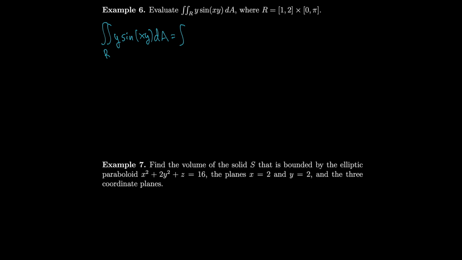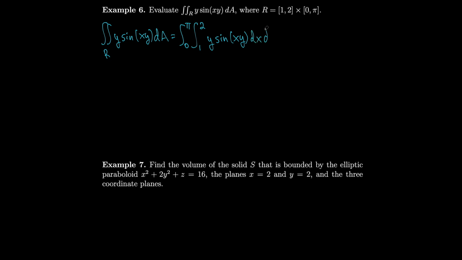But if I do x first, then this is a constant times a function of x. So I just have one function of x. So it seems like I should do x on the inside and y on the outside. So y goes from 0 to pi. So I'll put that on the outside. x goes from 1 to 2. So put that in the inside so that I can do x first and not have to do integration by parts.